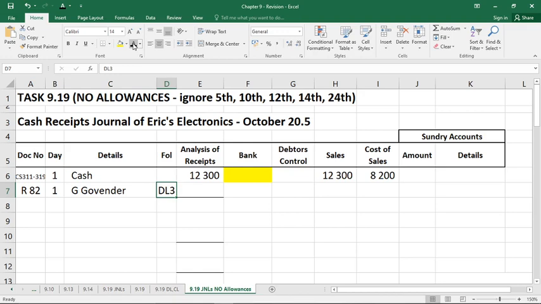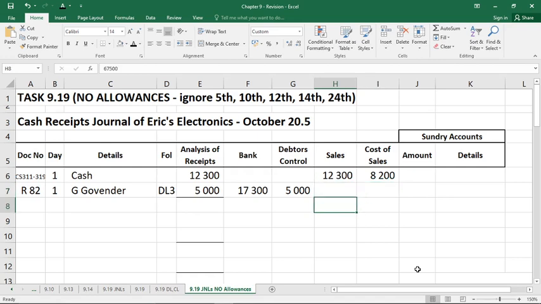Don't stress, we haven't done this yet, but in our books, he's called our third debtor. So he's giving us 5,000 Rand. So together, the total receipts that we would take to the bank would be 17,300. This 5,000 Rand also goes to debtor's control. He's a debtor who owes us money and he's paying us back. So that's why this 5 grand gets put in the debtor's control column. Nothing to do with sales or cost of sales. We are done with this transaction.